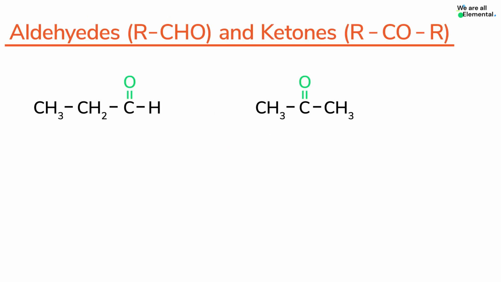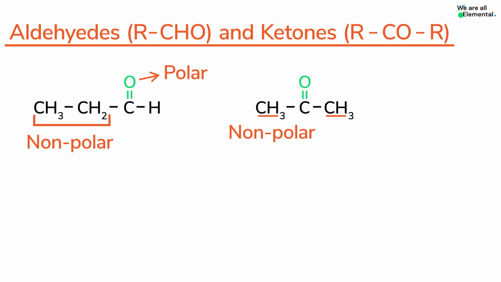Then we have the aldehydes and ketones. They have a non-polar alkyl group that experiences only dispersion forces of attraction, but the polar carbonyl group, that is the CO group, experiences dipole-dipole attraction with its neighboring molecules.